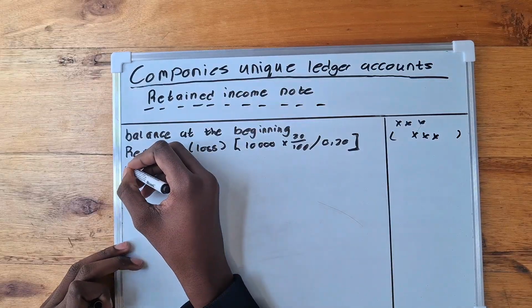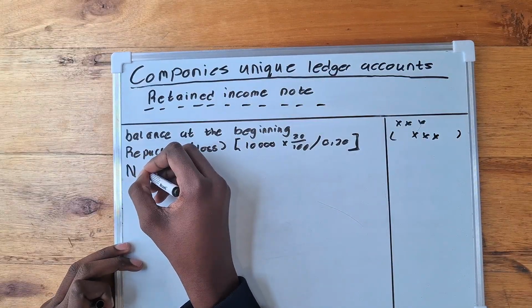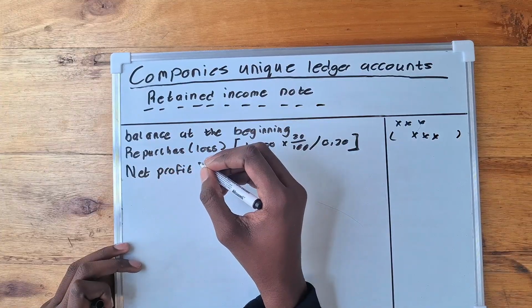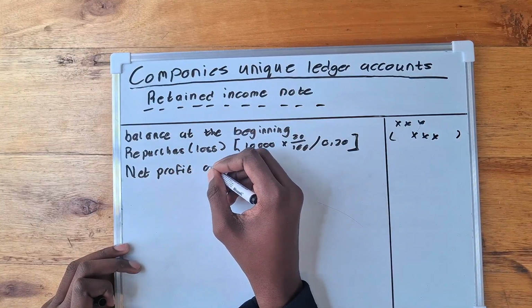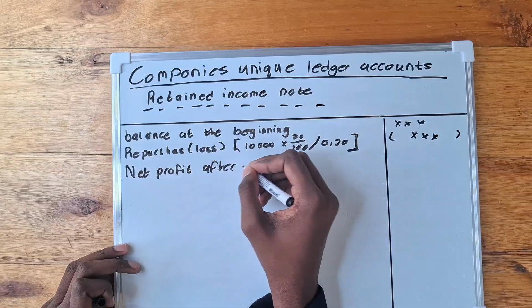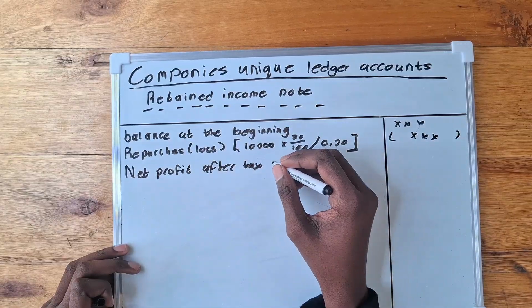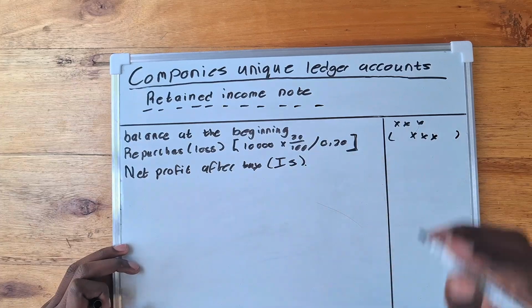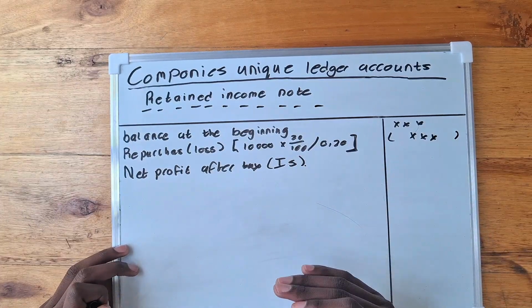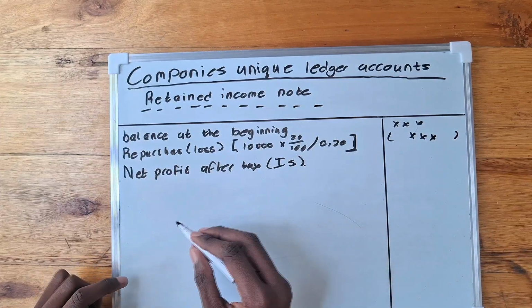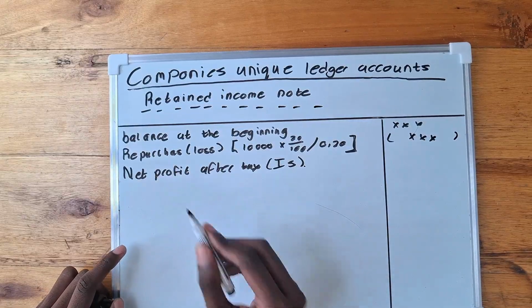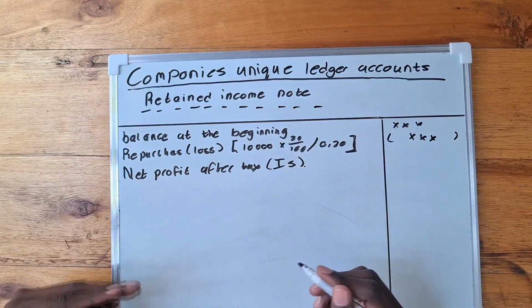Then the next thing you want to do is to write your net profit, your net profit after taxes, right? Now this will usually be found in your income statement. After you do your income statement, or they could give you the profit and say that the tax was 30% or something like that, then you just have to calculate.